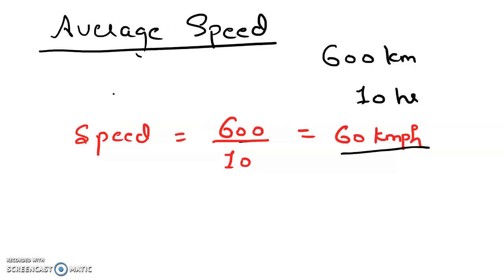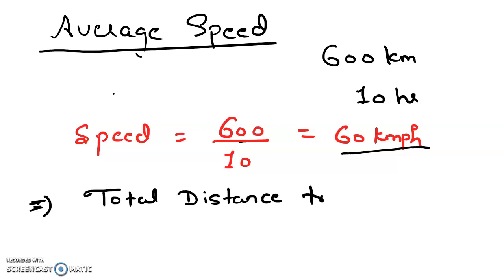Actually, whenever you are talking of speed, you are actually giving average speed, because you are dealing with some time interval. The average speed is total distance traveled divided by total time taken.